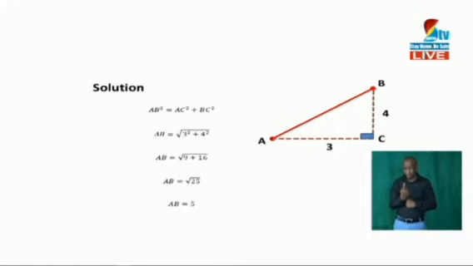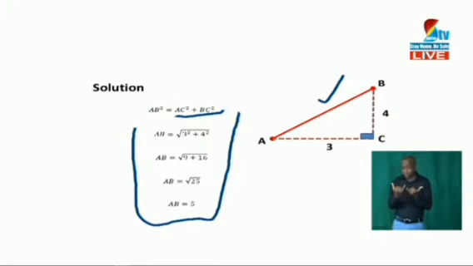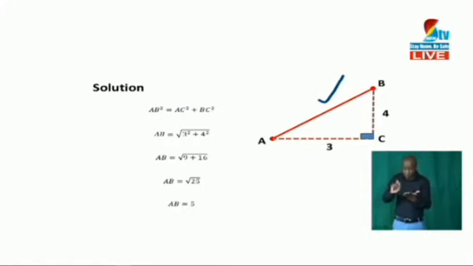Here we are finding the length of the slanting line, that is the line AB, using Pythagoras rule. We write the formula first so that we don't forget it. So AB squared is equal to AC squared plus BC squared.